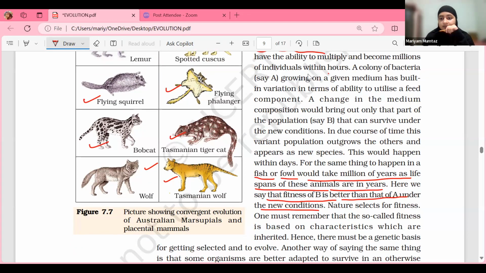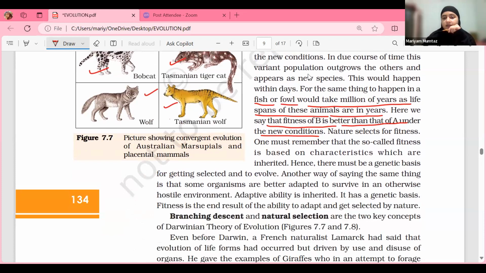All right. So, nature selects for fitness. And one must remember that this fitness is reproductive fitness, based on the characteristics which are inherited. Hence, there must be a genetic basis for getting selected and to evolve. Another way of saying the same thing is that some organisms are better adapted to survive in an otherwise hostile environment.